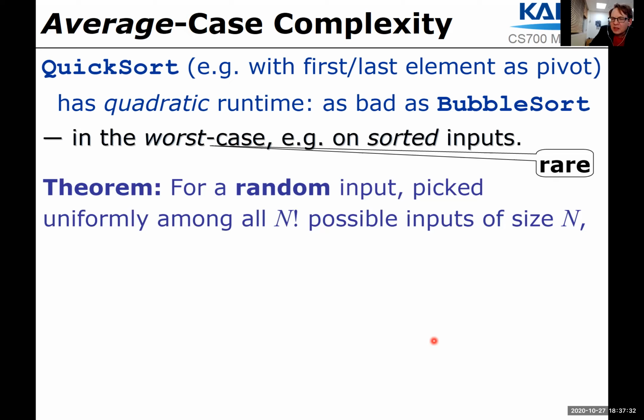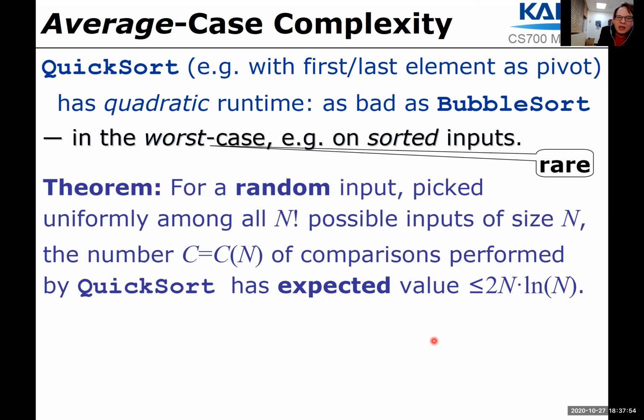This is called the average case analysis of quicksort, a classical topic. Namely, whenever the input of size n is chosen randomly among all n factorial many possible inputs of size n, then the expected number of comparisons performed by quicksort, which is a good estimate of its actual total number of steps, its total running time, is bounded by 2 times n times the natural logarithm of n.